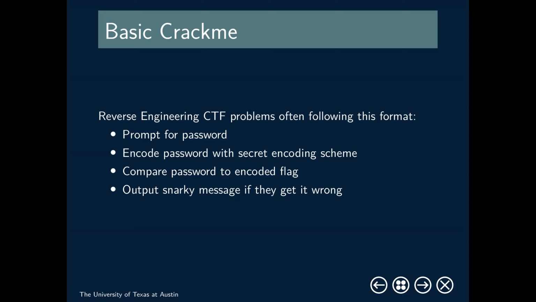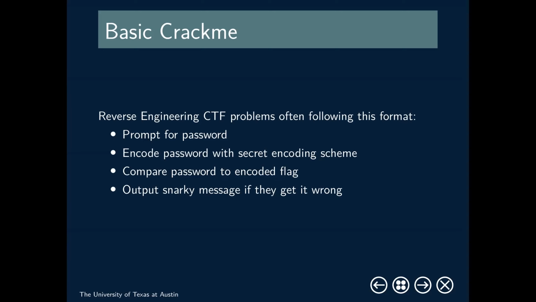The idea of a problem like this is that you need to reverse engineer the encoding scheme, right? You have to determine what the encoding is going to do, and then try to reverse the encoding on the flag, and then from there, just determine what the flag is.